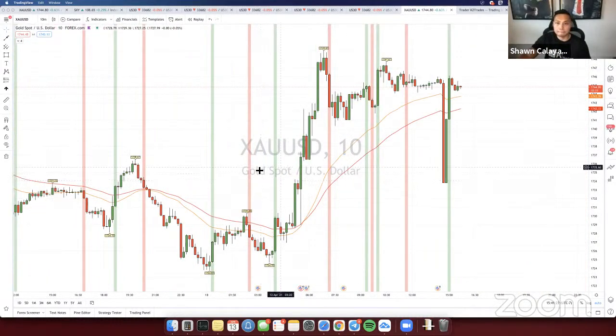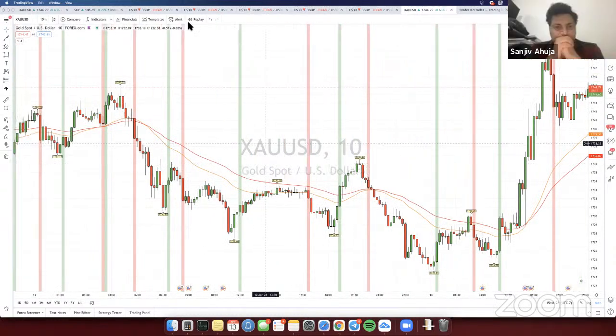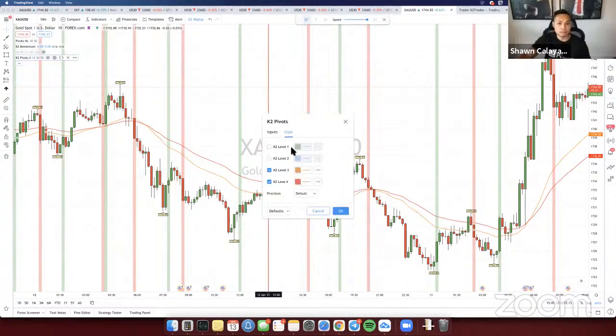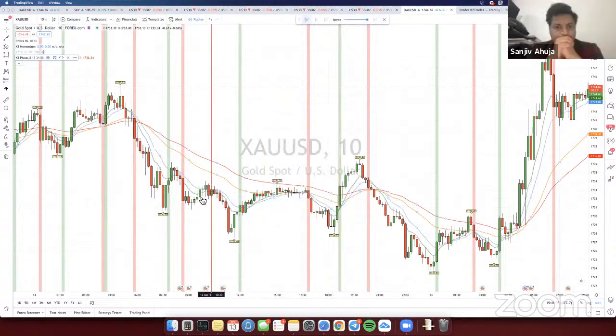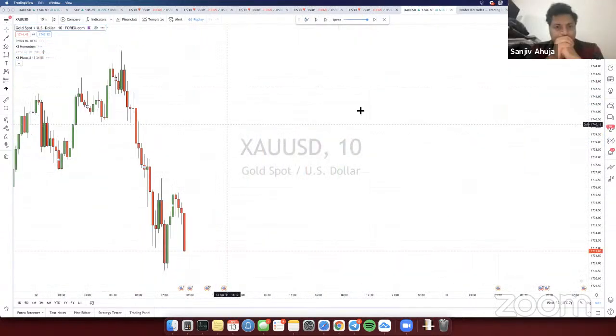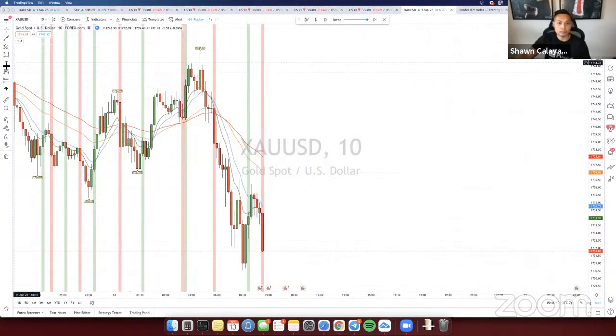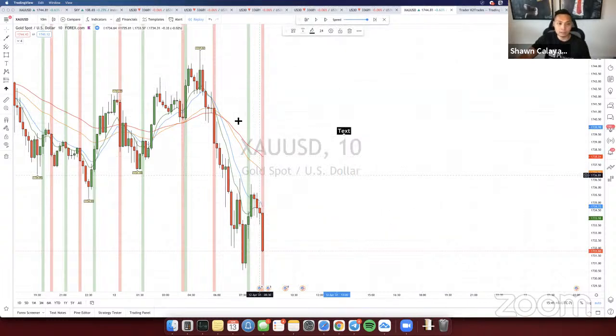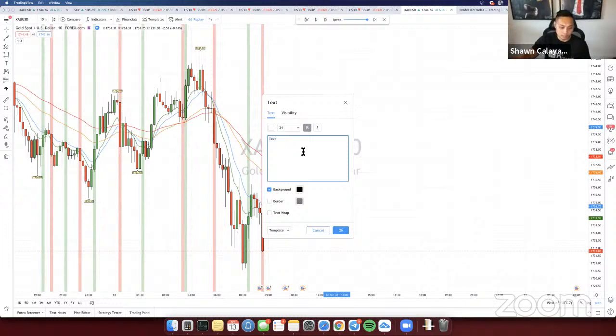So basically, let me see if I can find an area. Let me turn on the other pivots. All right, looking at this over here, I'll put the requirements over here. For this strategy, you're using the same indicators: the momentum indicator and the K2 pivots indicator, and that's all you need. So this is going to be the K2 pivot strategy. First, you want to confirm the overall trend using the K2 pivots.